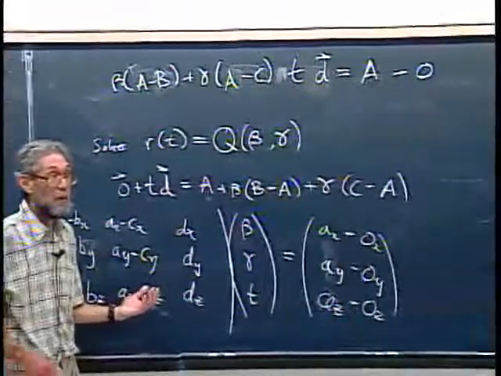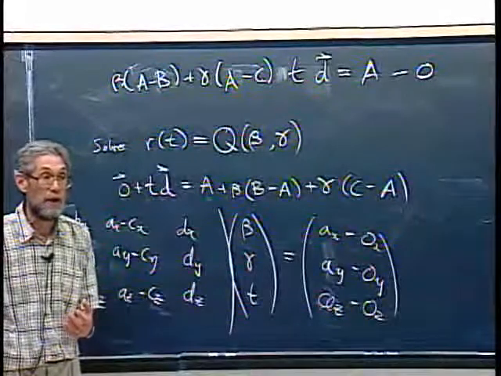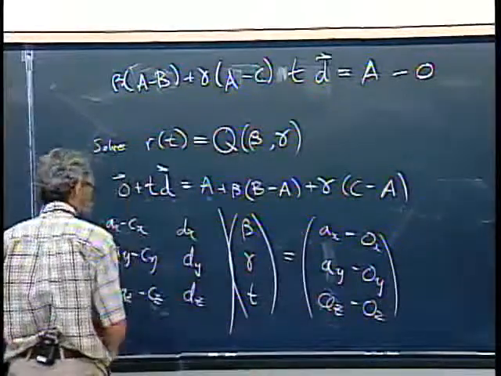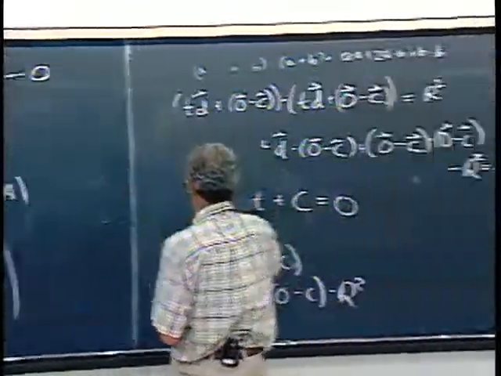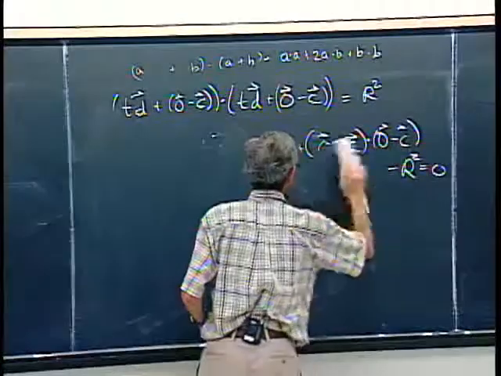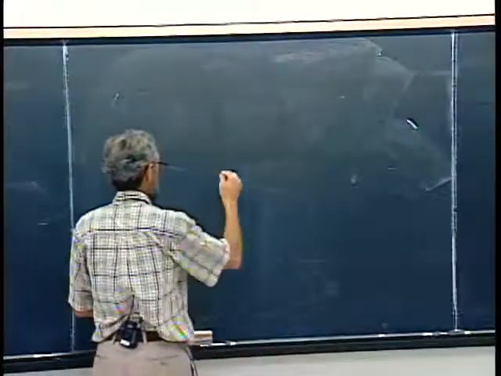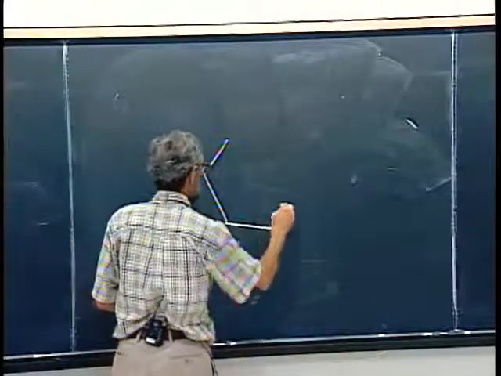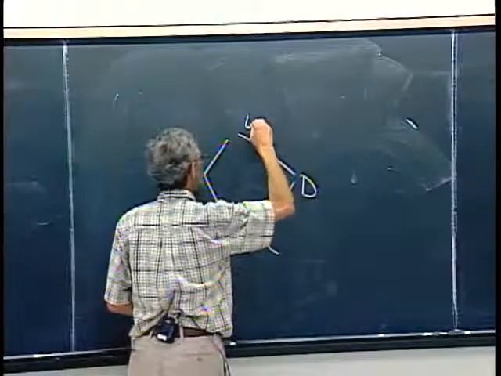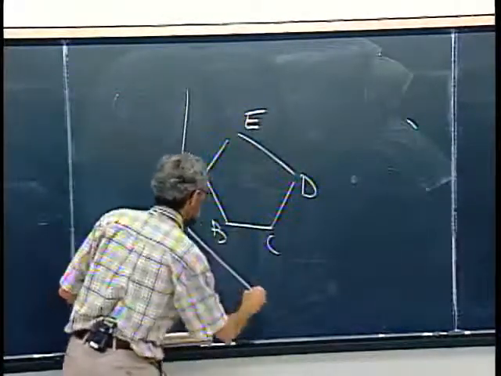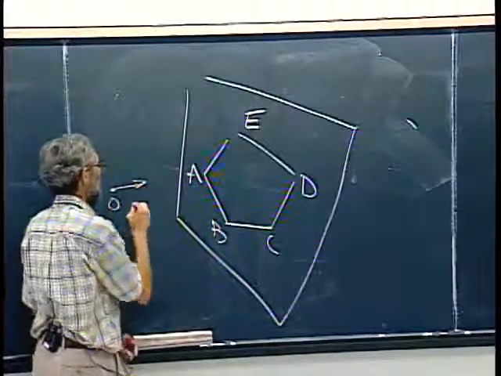I'm not sure. But the advantage is that that one works for any convex polygon, right? If you have A, B, C, D, let's see, where will I write it? Maybe on this board. Well, let me draw a pentagon. A, B, C, D, E. And this pentagon is in some slanted plane here, and we have the origin here and a direction vector here.